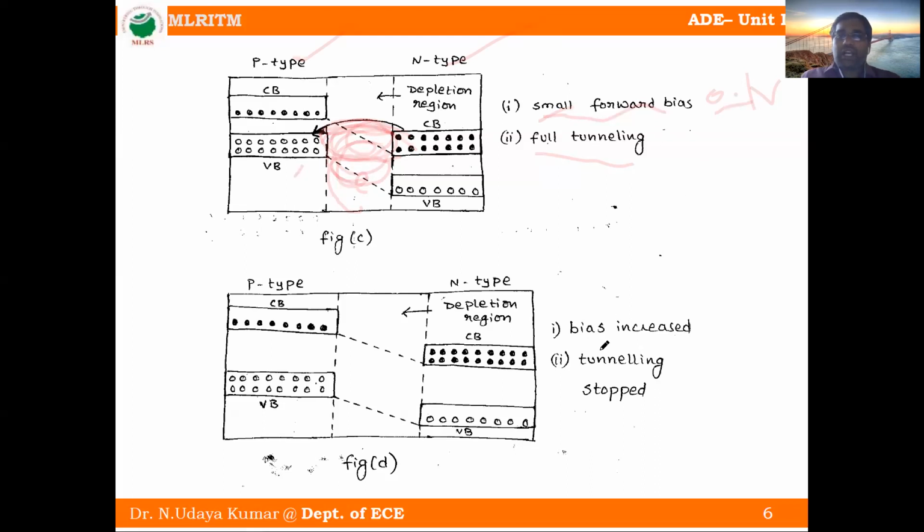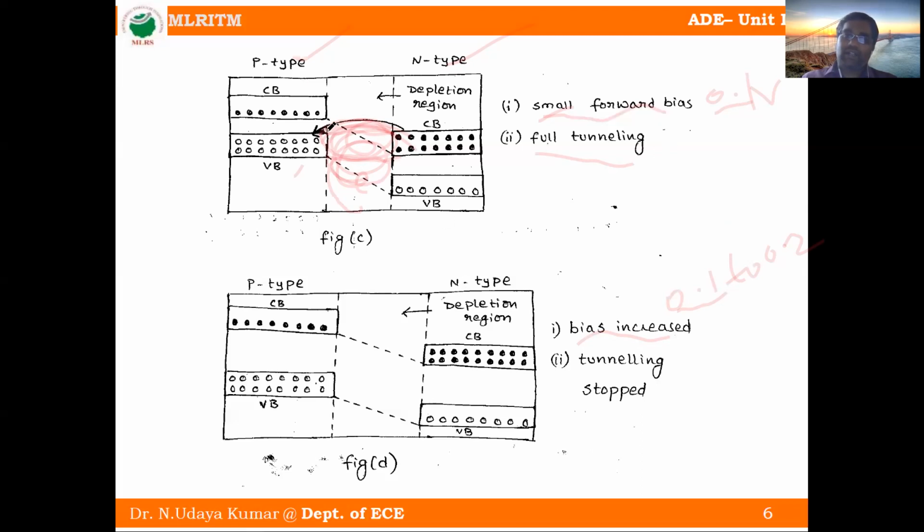Now I am applying a voltage greater than 0.1, so bias is increased from 0.1 to some other voltage like 0.2. Whenever bias voltage is increased, the conduction band moves upward again.